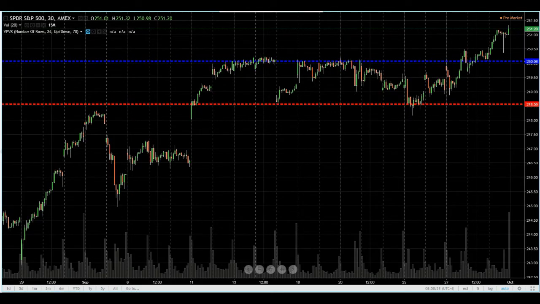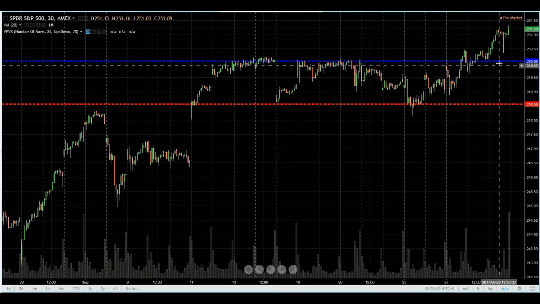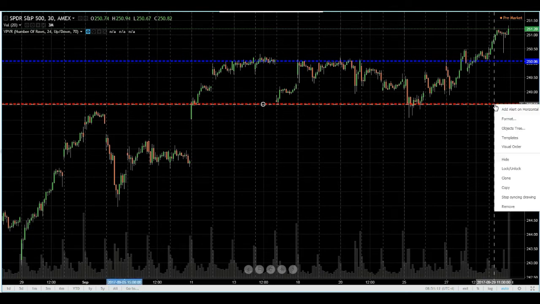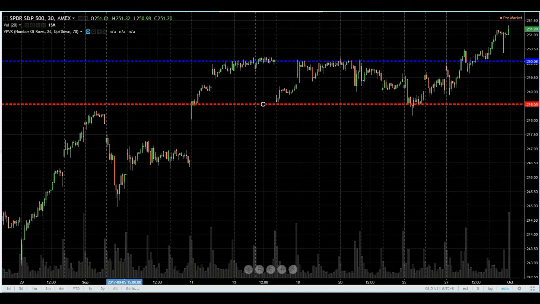The first line that you're going to notice is where I believe the largest amount of liquidity is, and any red line will be support areas that I want to buy, and any... this should actually be green. I thought I had all this prepared. Any green line will be areas of support where I want to buy. Any blue line is going to be areas of liquidity that I think I may be interested in buying, but I want to see more of a reaction and how the market reacts there.